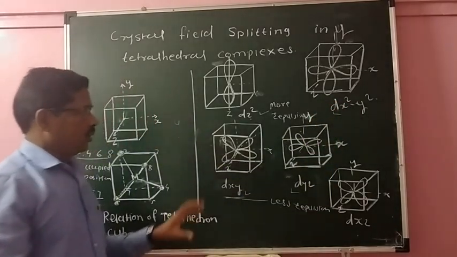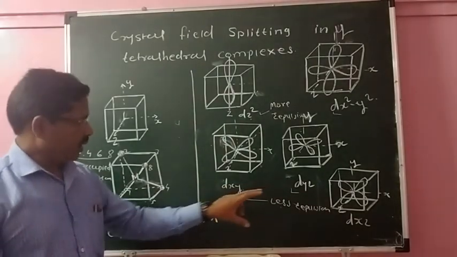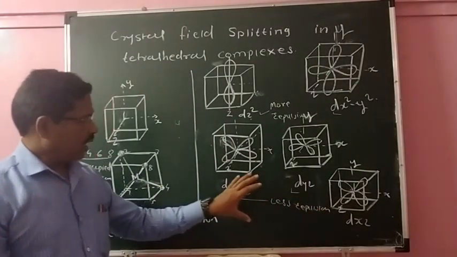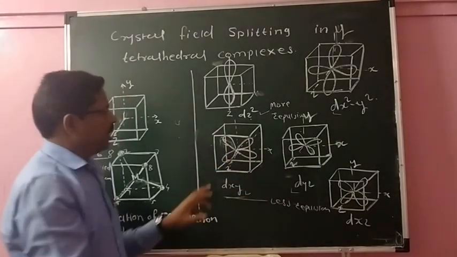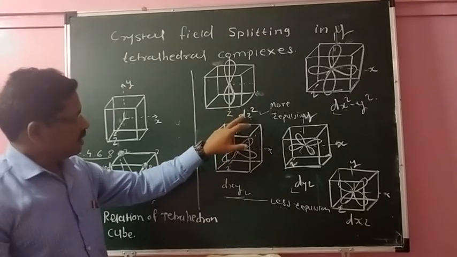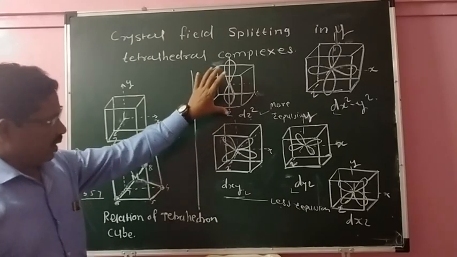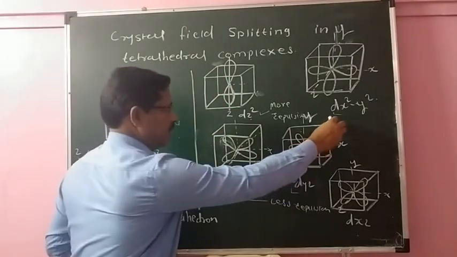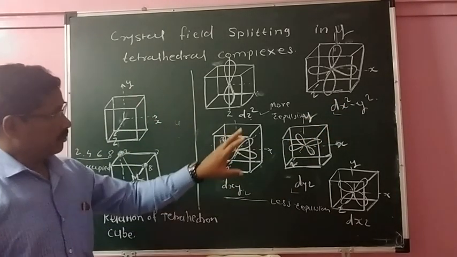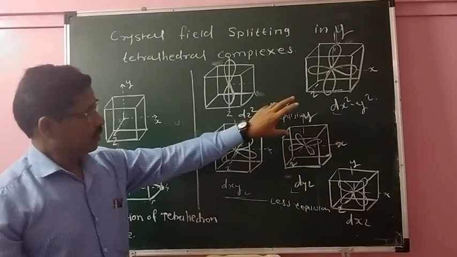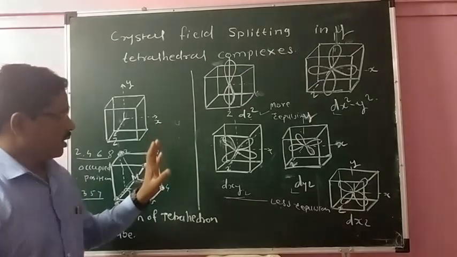The lobes of dxy, dyz, dxz lie in between the axes, and the lobes of the dz square orbital lie along the z axis, and the lobes of the dx square minus y square orbital lie along the x and y axes.